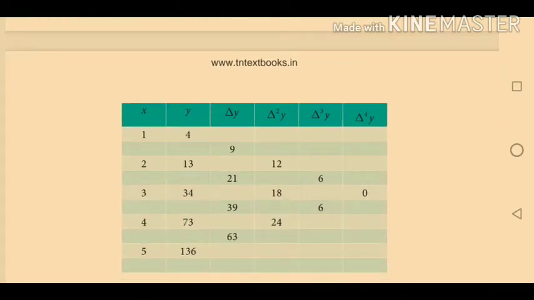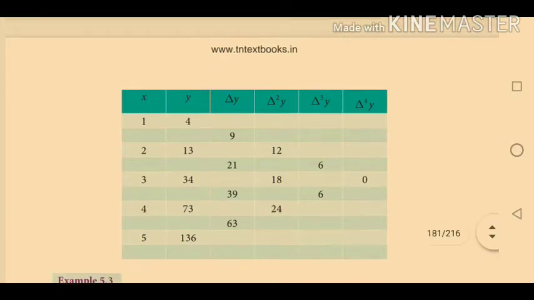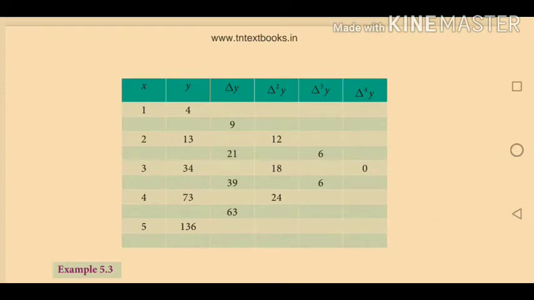After finding the value of y, we follow the same method, that is delta y is nothing but y2 minus y1, that is 13 minus 4, we are getting 9. 34 minus 13, we are getting 21. 73 minus 34, we are getting 39. 136 minus 73, the value is 63.